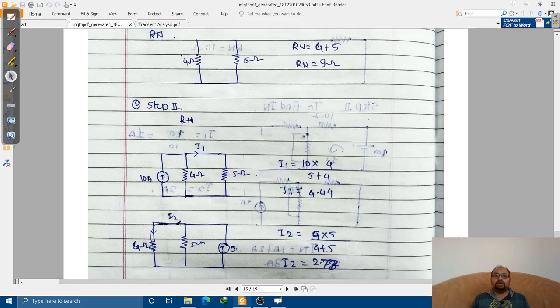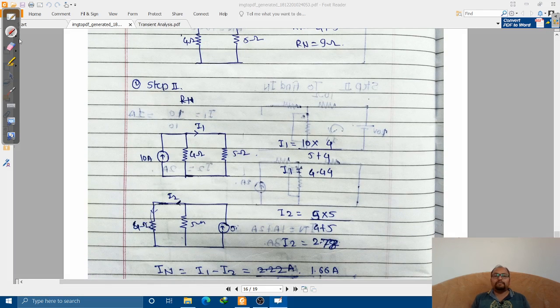Now let us consider the 10 ampere current source. A and B terminals are over here. We have to make a short circuit, so we have made a short circuit over there, and now we are interested to find out the current flowing through this shorted line. Let us find out I5, the current flowing through the 5 ohm resistor because of this 10 ampere source.